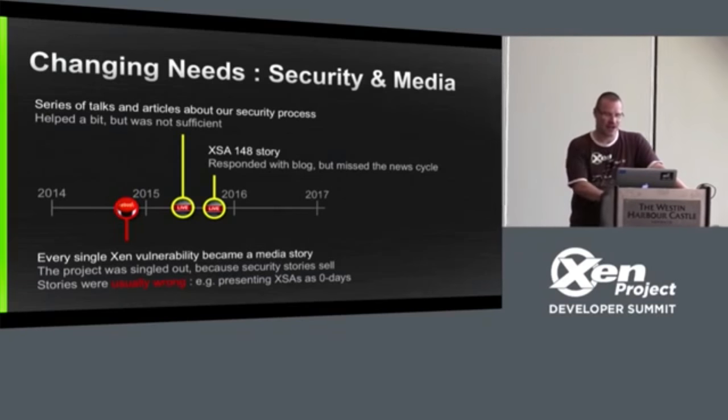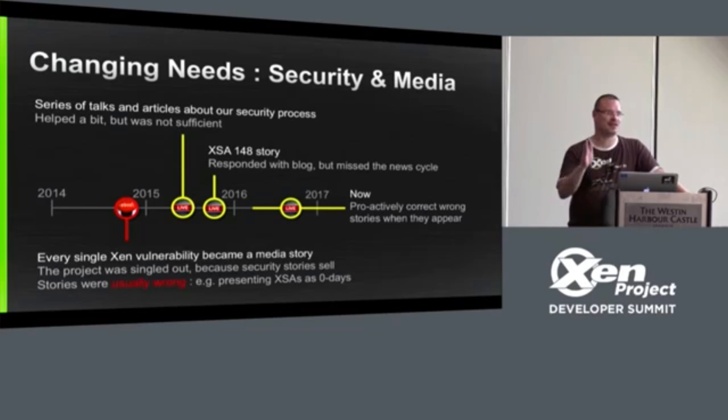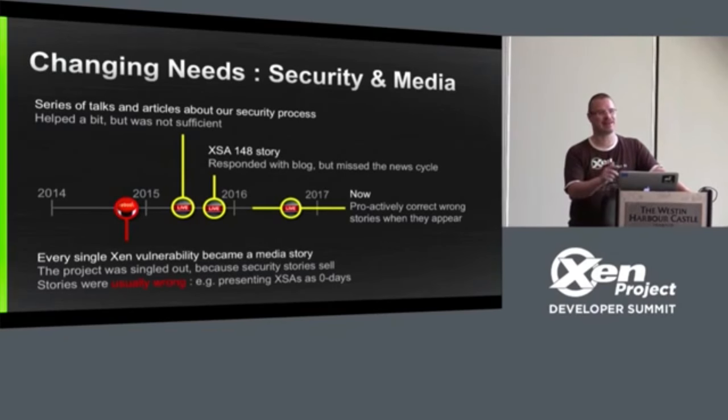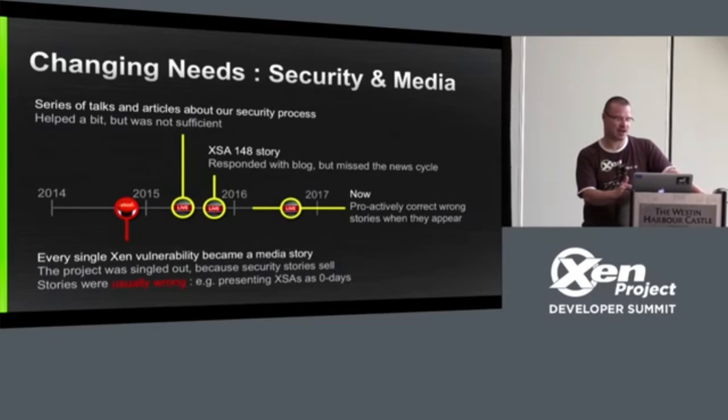And as soon as the story breaks, if the Register or one of the other news outlets publishes wrong information, we get them to correct that. And it usually goes very quickly. In the last vulnerability, we managed to get an article corrected within an hour or two.